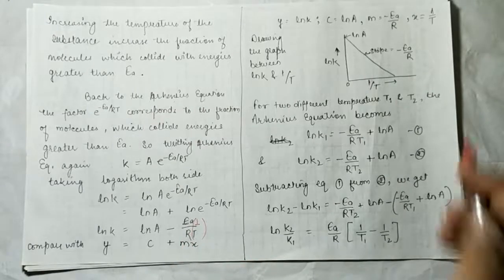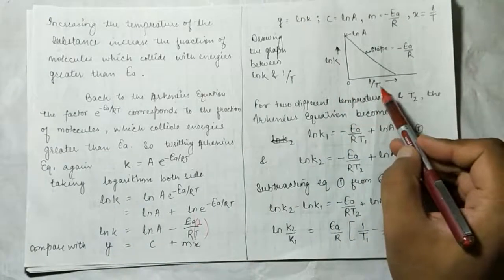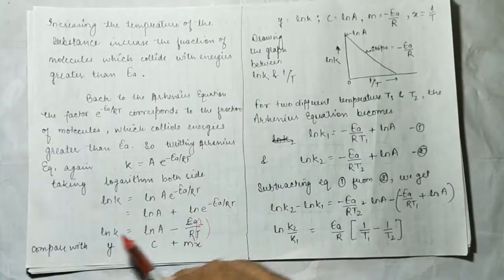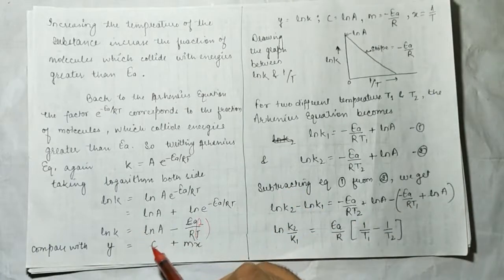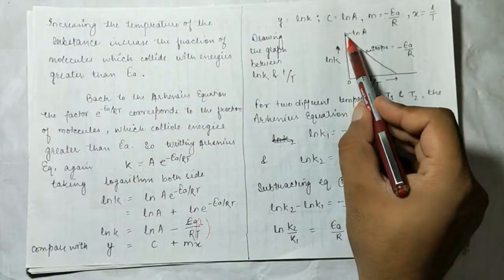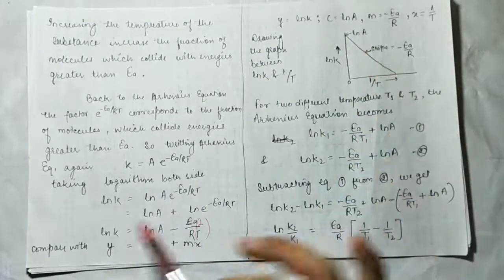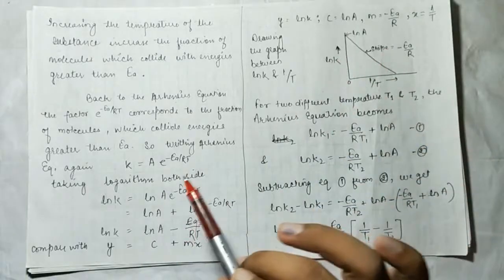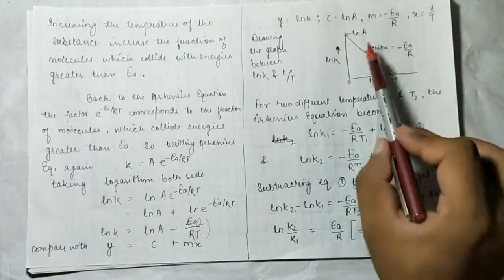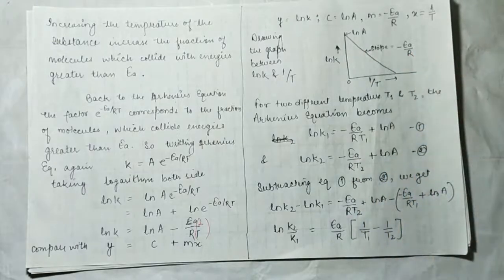The graph becomes ln k on the y coordinate and 1 by T on the x coordinate, because it's an equation of a straight line, and the slope is negative, so the line comes out like this. This is the graph of ln k versus 1 by T in the Arrhenius equation, where ln A is the intercept and the slope is minus Ea upon R.